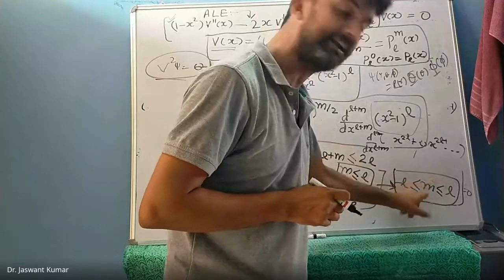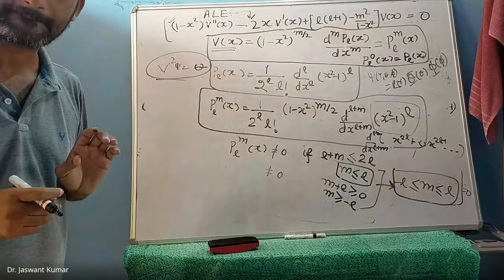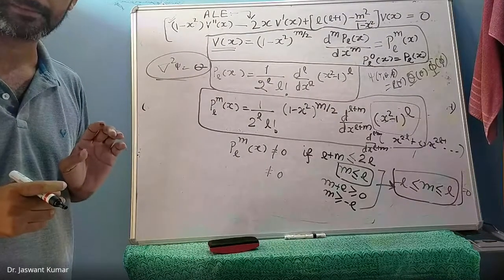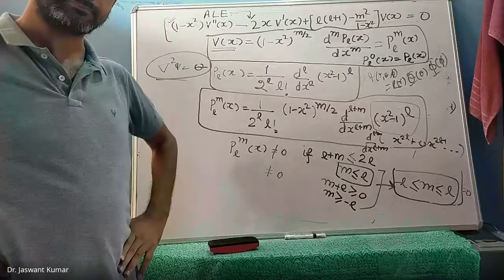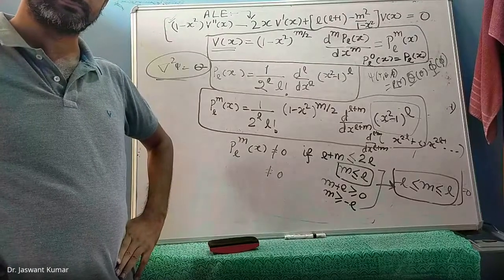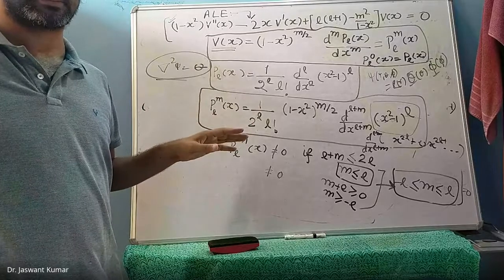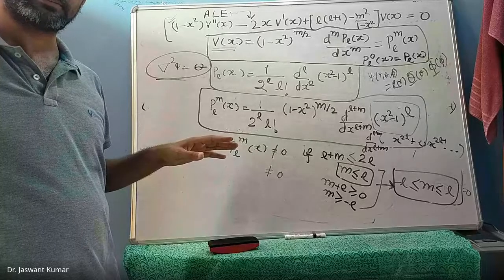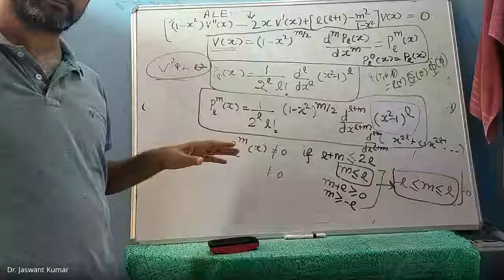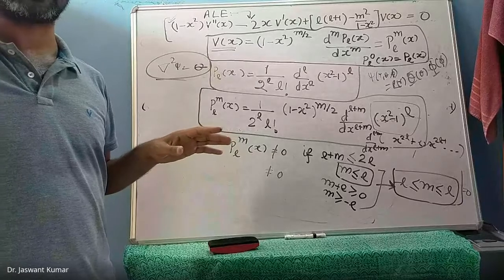So that is why the value of m is restricted within this range. Is it making sense to you or not? Yes, I'm very happy to know that.